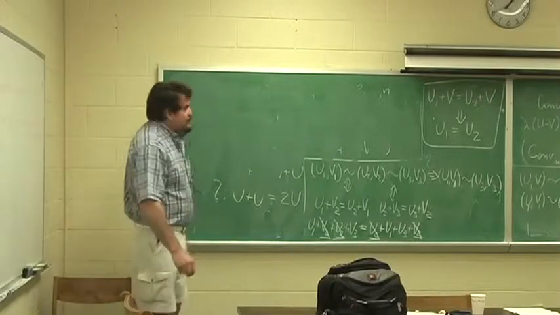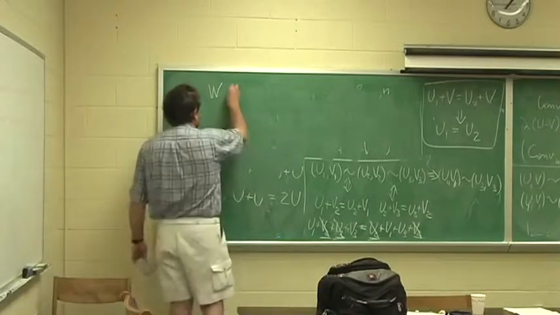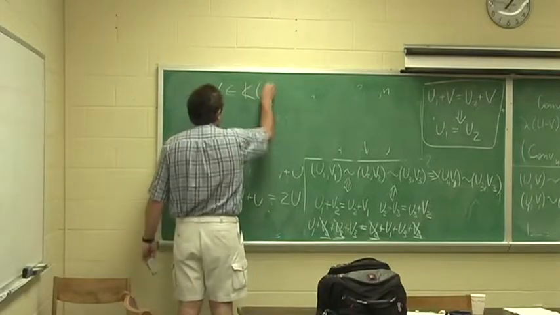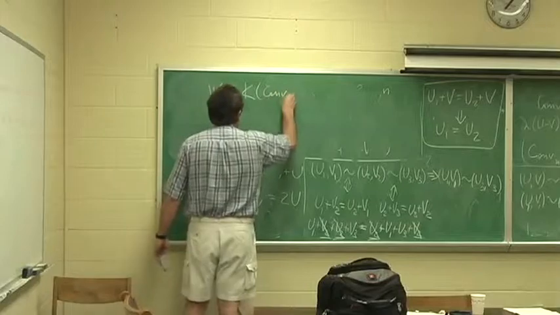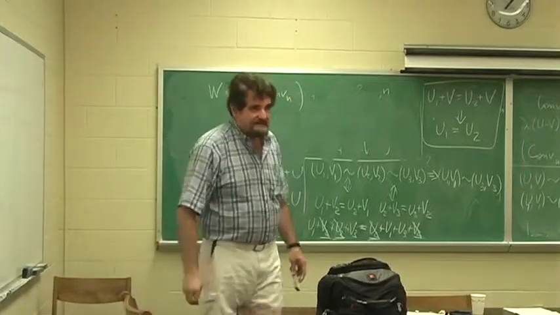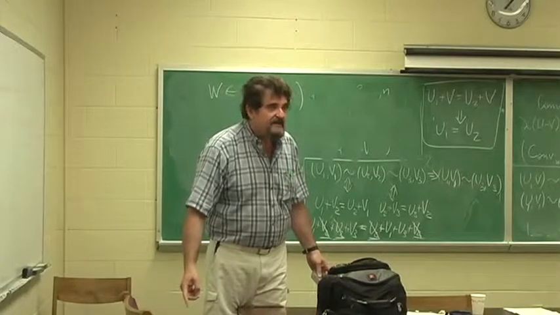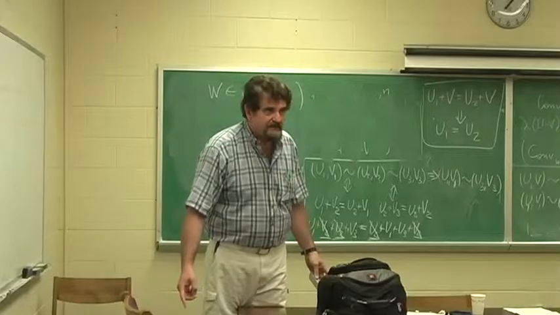Let me denote by W the elements of the Grothendieck group, the Grothendieck linear space. So W is an equivalence class of a pair.